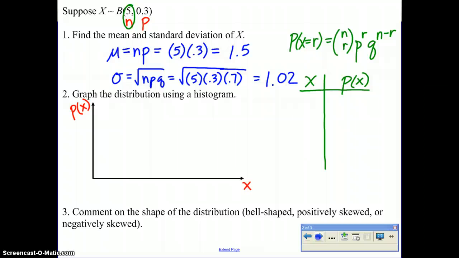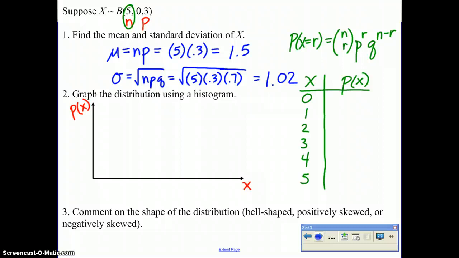And so we've got to consider all the possible outcomes. The possible outcomes is the number of possible successes. Well, if you have 5 trials, there's actually 6 possible outcomes. You could have 0 successes, 1, 2, 3, 4, or 5 total successes. So we need to calculate the probability of each of these outcomes. So first I want to calculate the probability of 0.